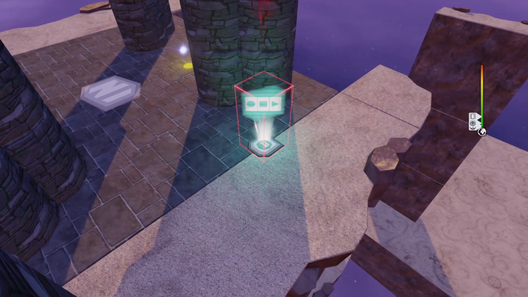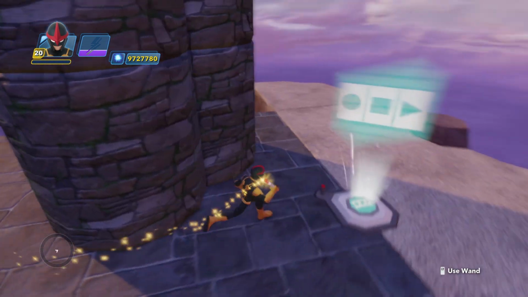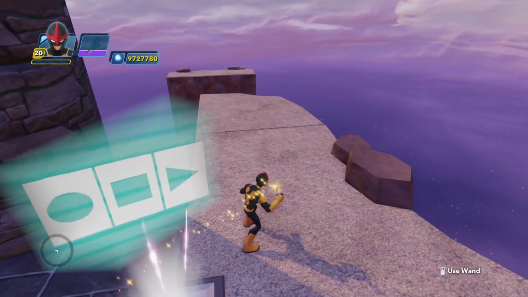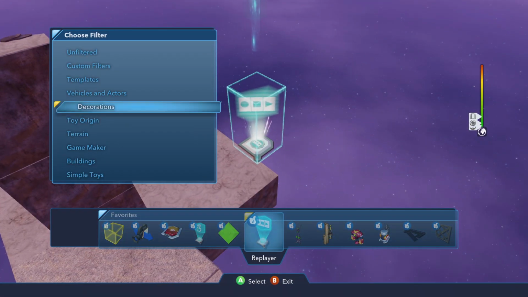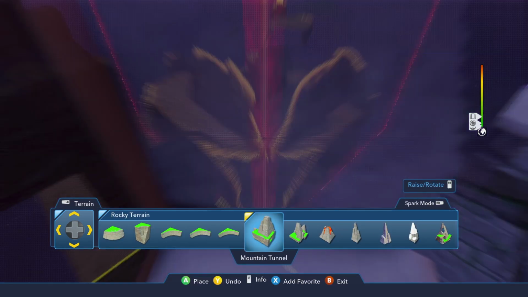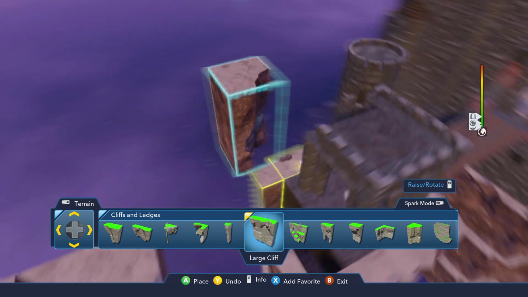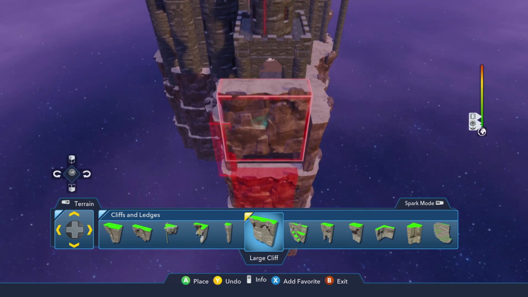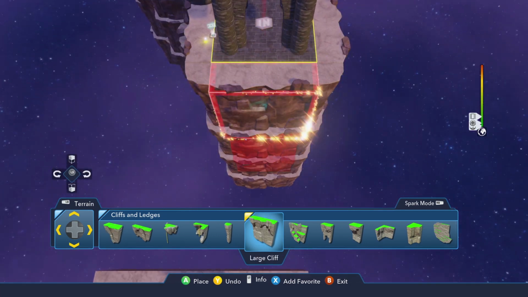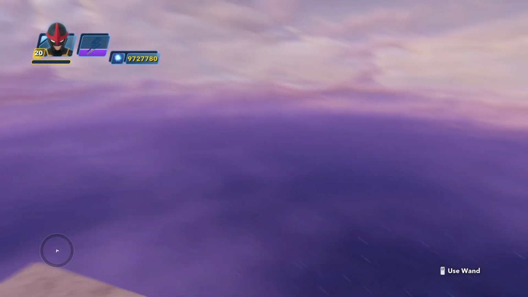So we need to get the ramp, as you're going to see here, to coincide with this cliff piece. So we're just using replayers. And it does get a little tricky.